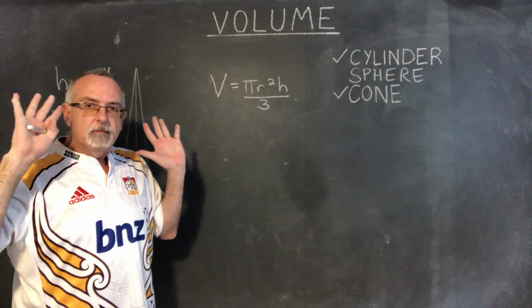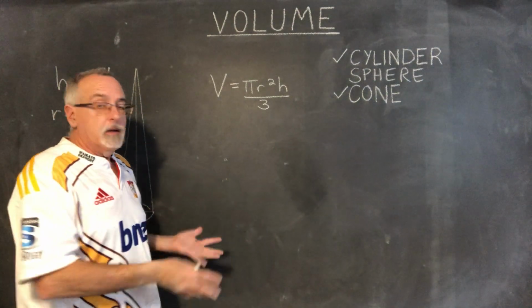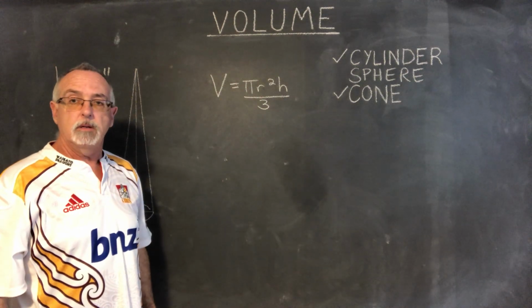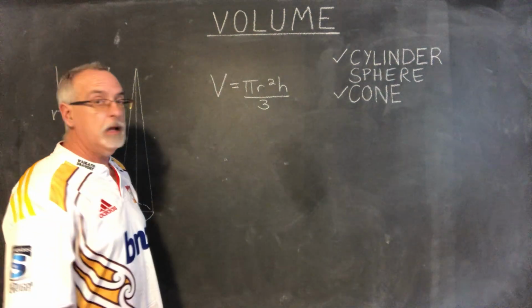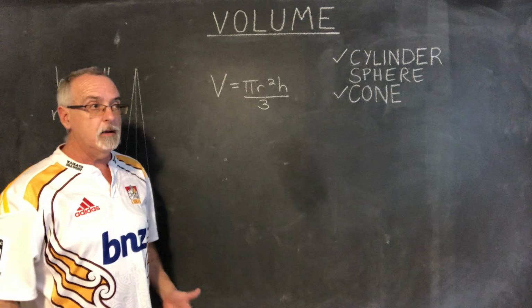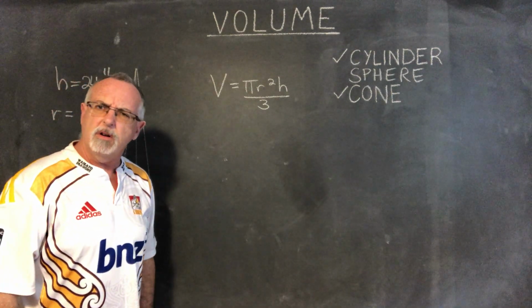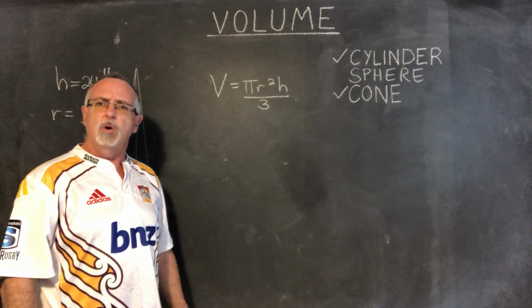I'm just showing off how I remember this, because I don't really ever memorize this formula. I just understand that it's a modification of the cylinder formula, and I understand that the cylinder formula is a modification of the area of a circle formula. And I just think that's cool.